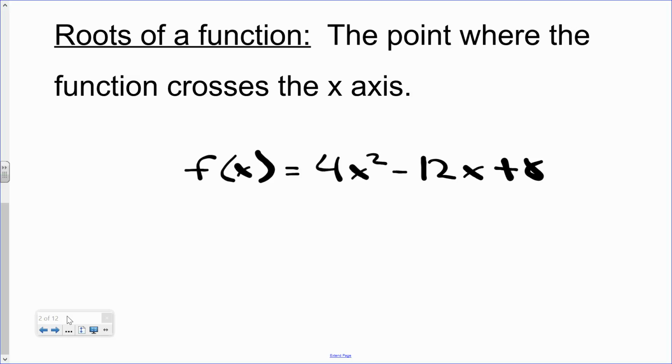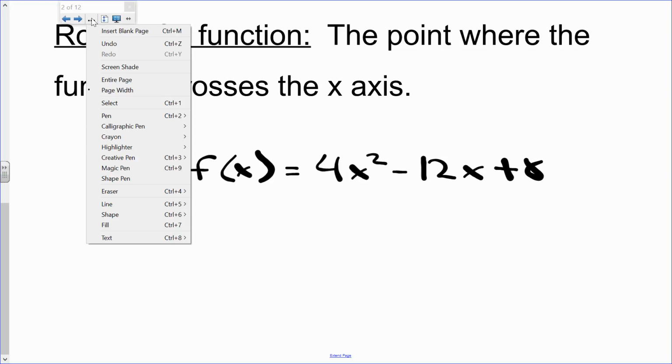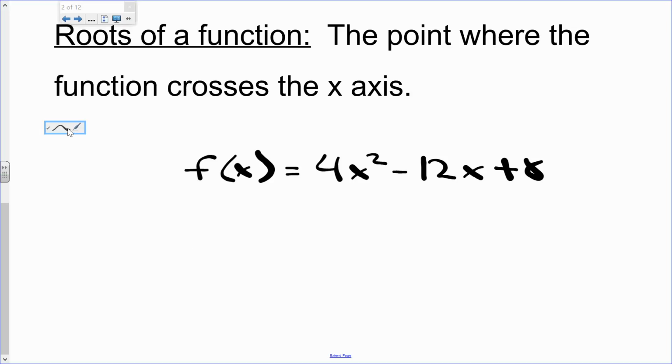Recall that last week we talked about the roots of a function. It's the point where the function crosses the x-axis. So if I were to graph this function, which is actually quadratic, notice, we know it's quadratic because the highest exponent is a 2.